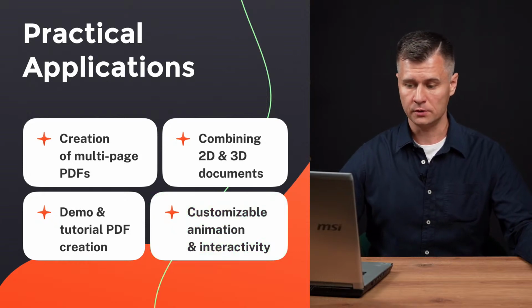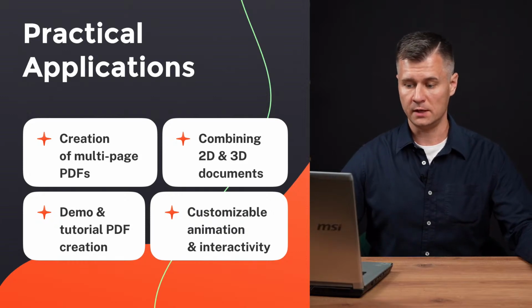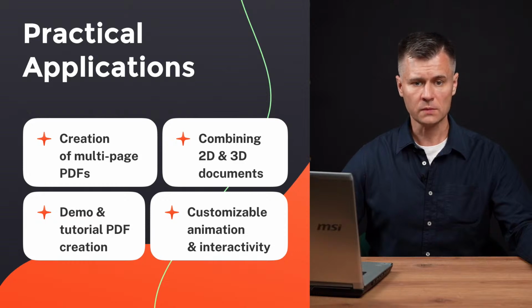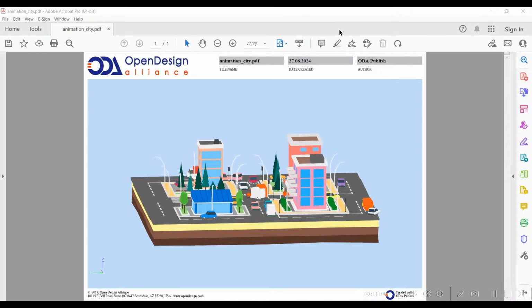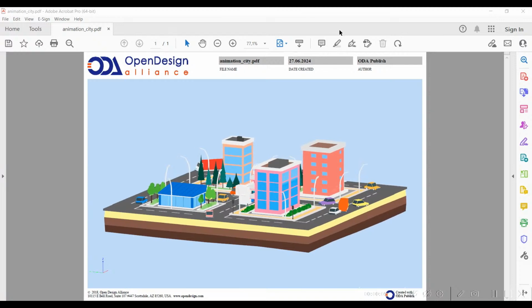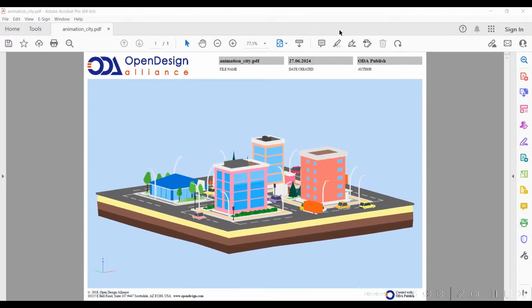As an illustration to these capabilities, a nice looking animated document that may serve as an example, as a demo for what we are able to deliver. As you see, the very scene is moving and the elements on the scene are moving as well.